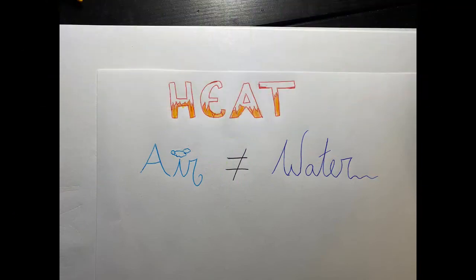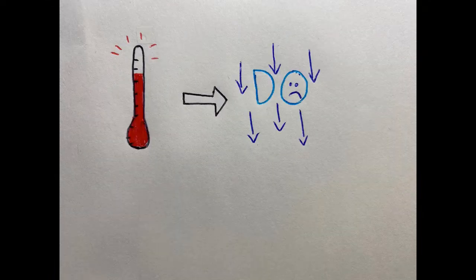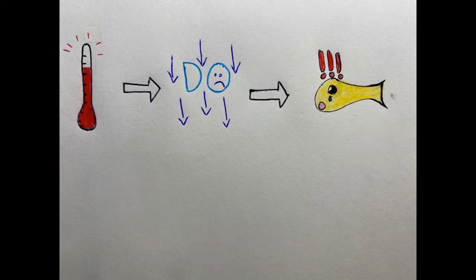The thing is, heat doesn't interact with oxygen and air the same way it does in water. In water, as temperature increases, the concentration of dissolved oxygen decreases. And as we know, dissolved oxygen is perhaps the most important chemical constituent in aquatic environments. As dissolved oxygen decreases, there's a chain reaction.